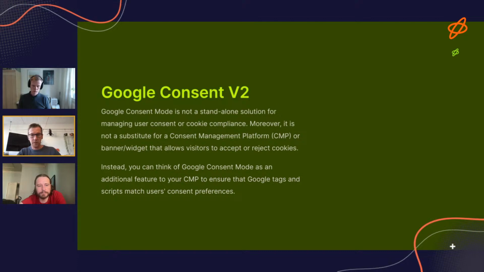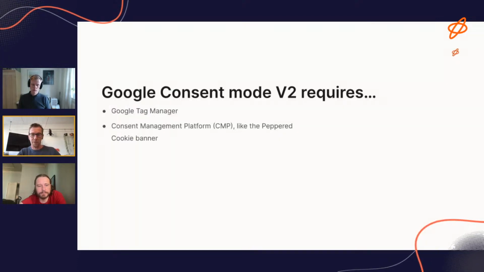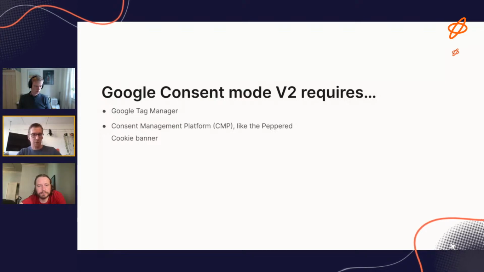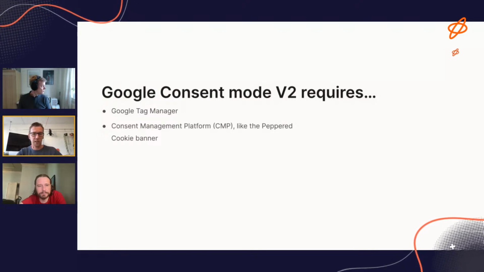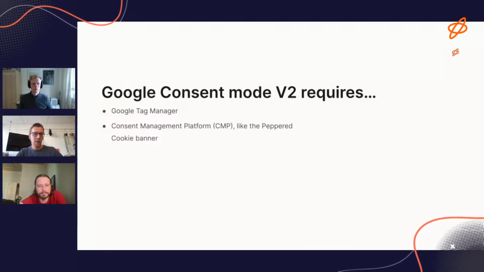And on the other hand, you got your Google consent tags that need to be aware of that. So in order to implement Google Consent Mode v2, we need a Google Tag Manager, because Google Consent is all about Google. It's about the Google Tag Manager, and it has been designed to be set up within the Google Tag Manager. So we're going to look at that.